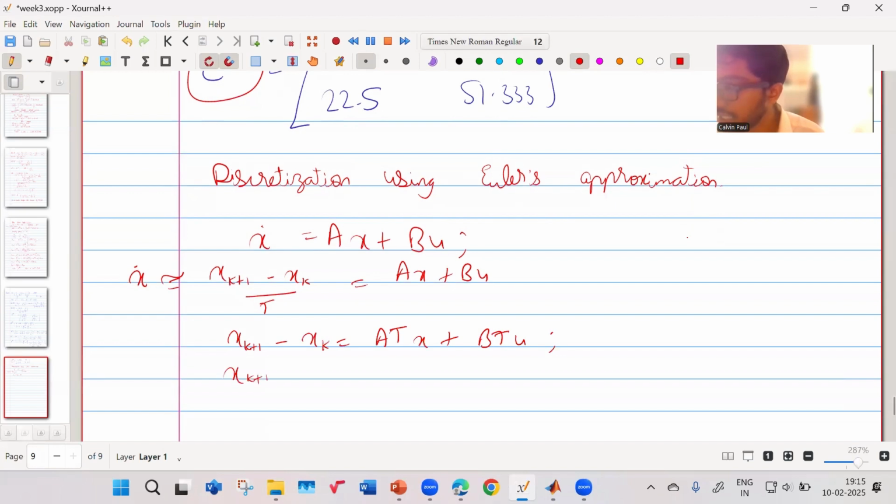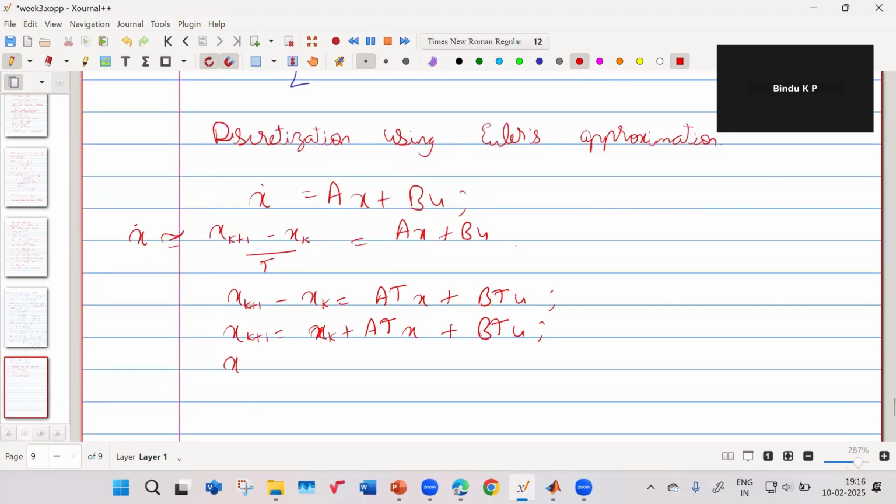So our x_{k+1} is equal to x_k plus A into T into x plus B into T into u. So we can write x_{k+1} as (I plus AT) into x_k plus BT into u_k.